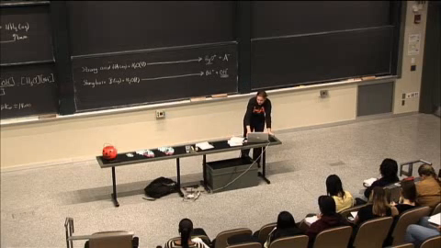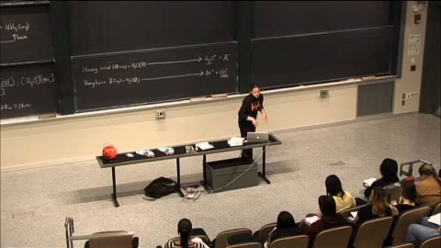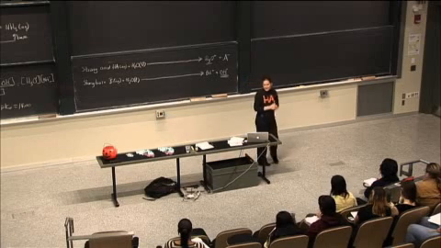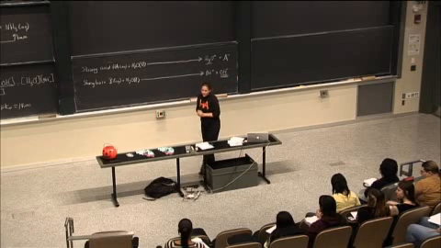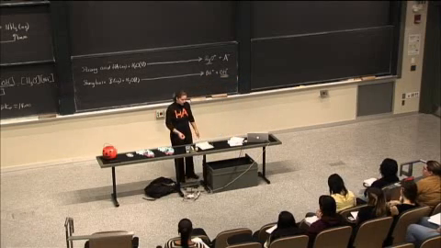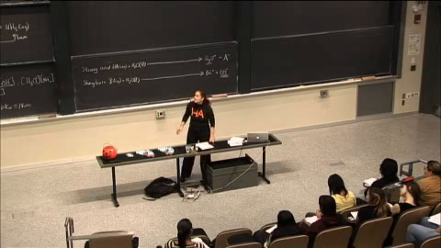OK, so let's look at this relative strength of acid problem and do an example here. In this equation, we have an acid and a base on one side, and another different acid on the other side.